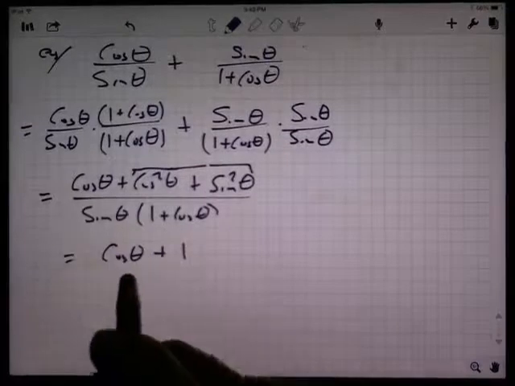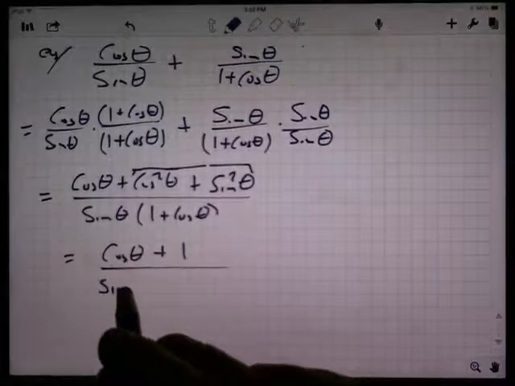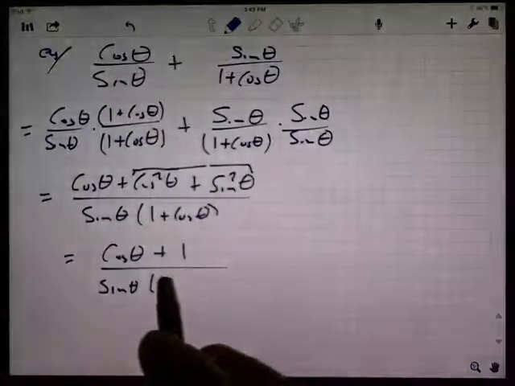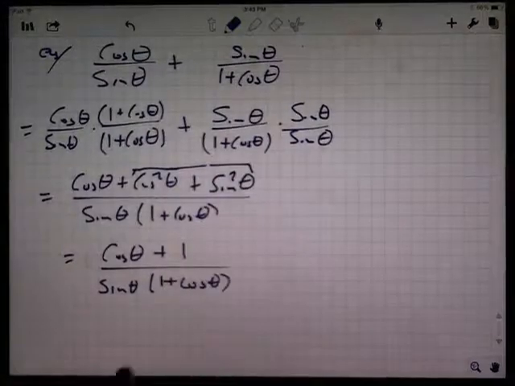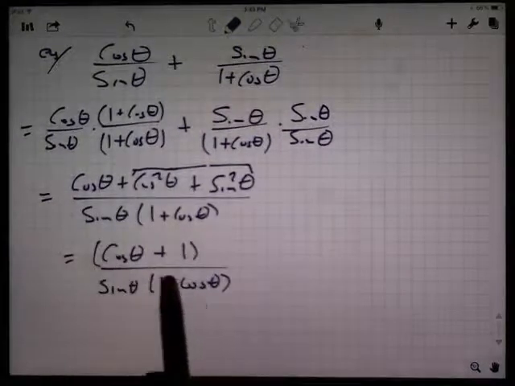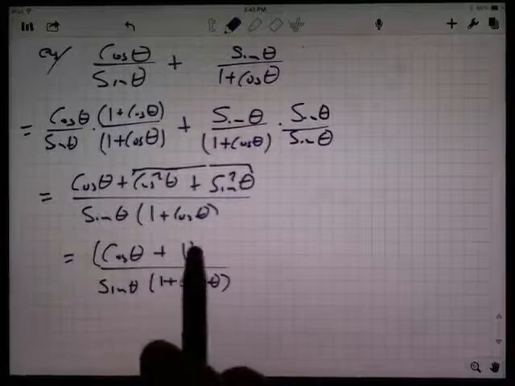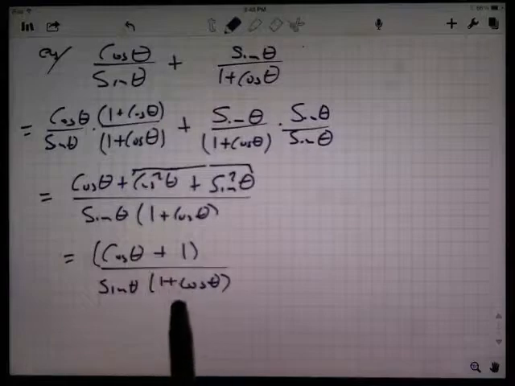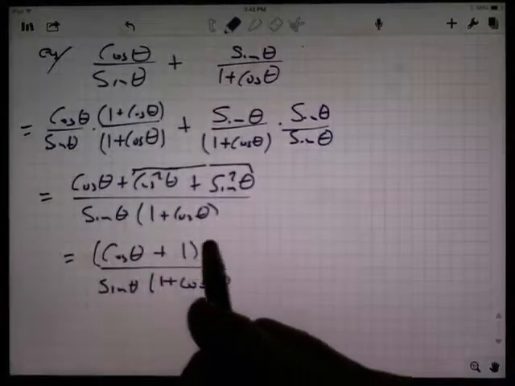And so the cosine was already there. And the denominator, I've got a sine theta and a 1 plus cosine theta. Oops. 1 plus cosine theta. And I have the whole numerator here is the same as one of the factors on the bottom. This is kind of serendipitous. I thought I was going to have to stop at this stage. But since this numerator is all equal to that one factor, think of it as this thing times 1.